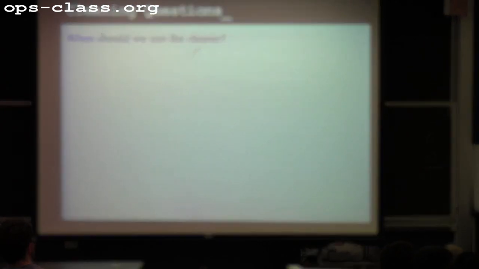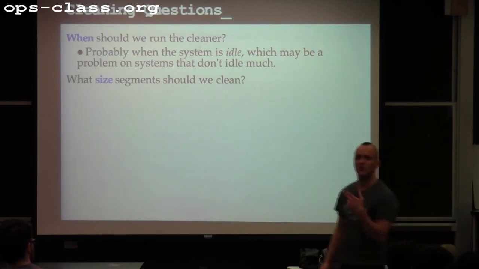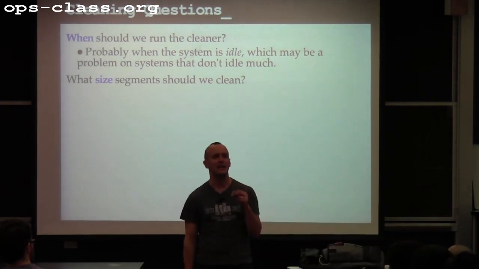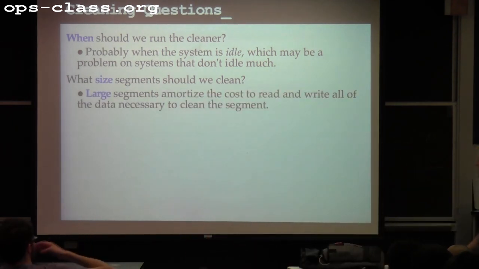Now back to the size of the segments. With small segments, it's more likely that I'll find a segment that's completely clean. The problem is that large segments, on the other hand, amortize the cost of this operation.